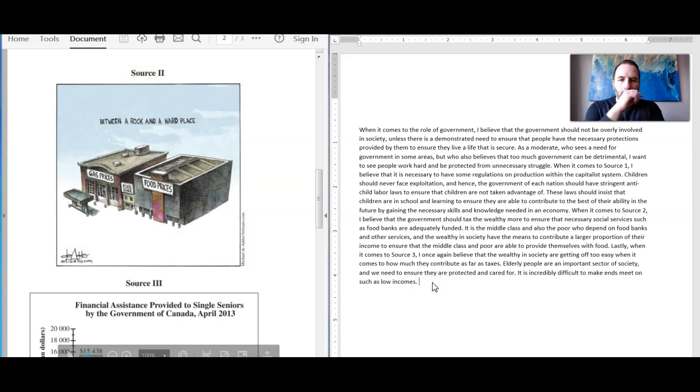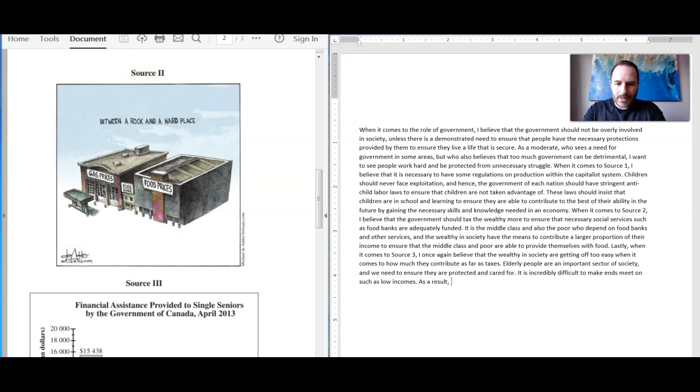Okay, so lastly, when it comes to Source 3, I once again believe that the wealthy in society are getting off too easy when it comes to how much they contribute as far as taxes. Elderly people are an important sector of society, and we need to ensure that they're protected and cared for. It is incredibly difficult to make ends meet on such low incomes.